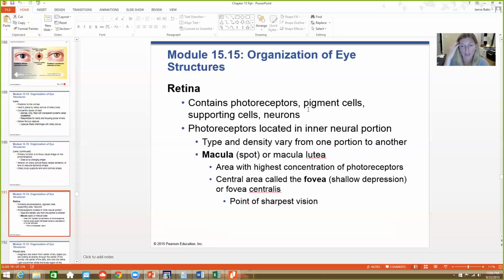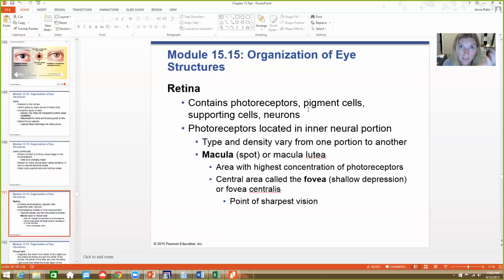As I'm lecturing, picture me sitting in an office, my computer in front of me. On top of my computer is this little black thing, that's my camera. I'm looking at the camera, but I can still see everything else in my office. The light coming off the camera and going into my eye is focusing on that fovea.